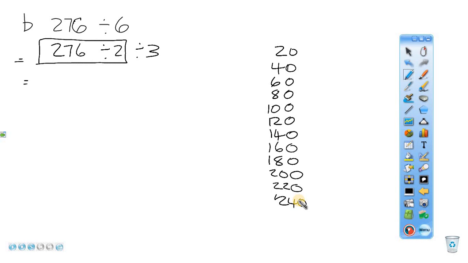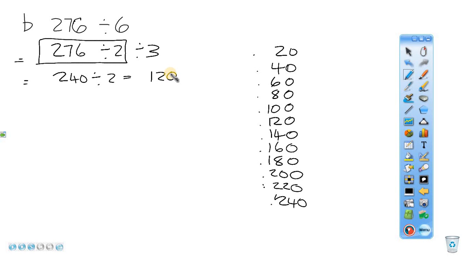What's the closest number from that list that comes to 276? 240. Do you see that? I have 240 at the bottom, and my number is 276. So this becomes 240 divided by 2. This is 10, 20, 30, 40, 50, 60, 70, 80, 90, 100, 110, 120. So my answer here is 120.